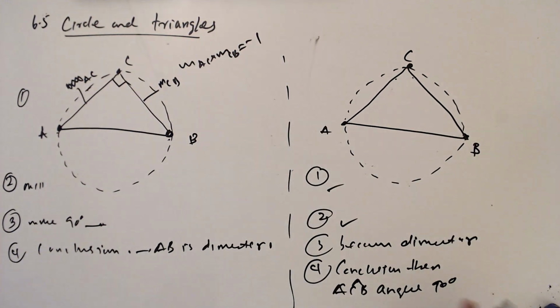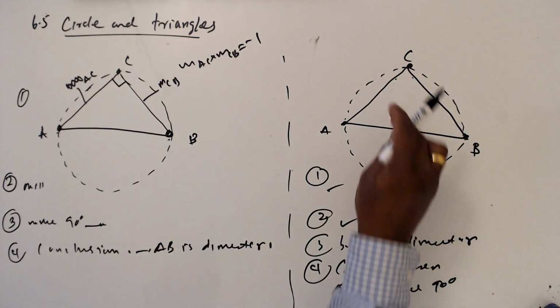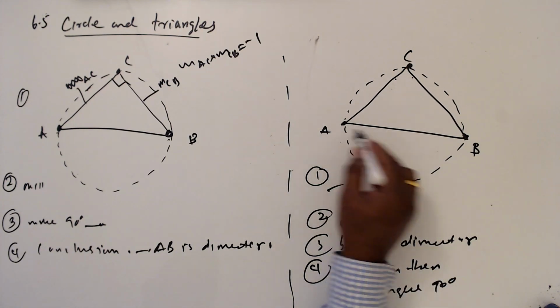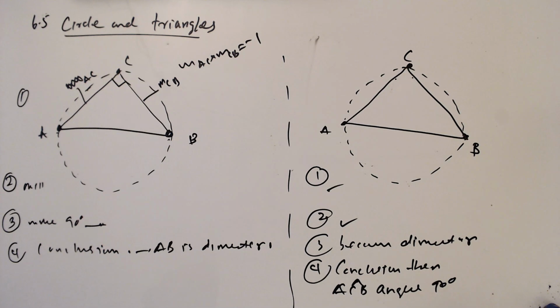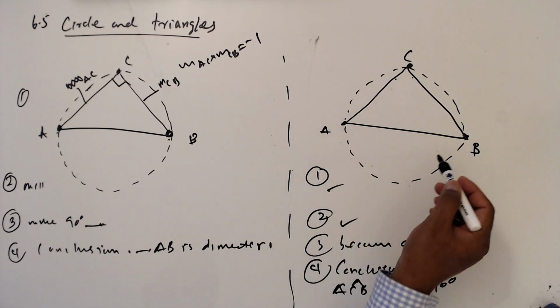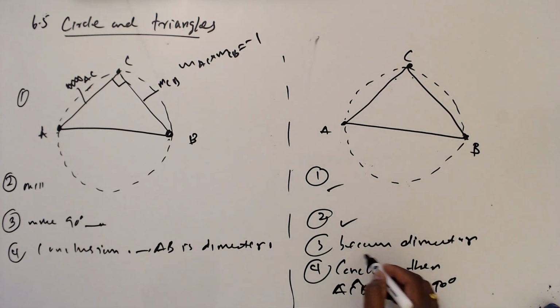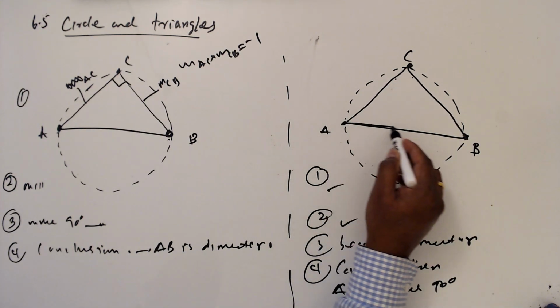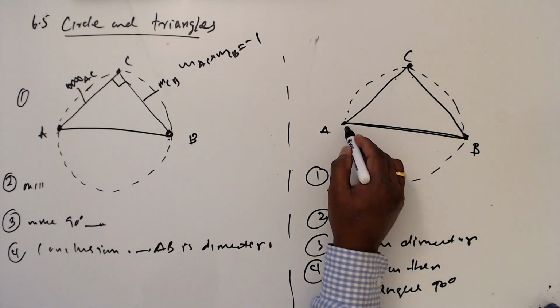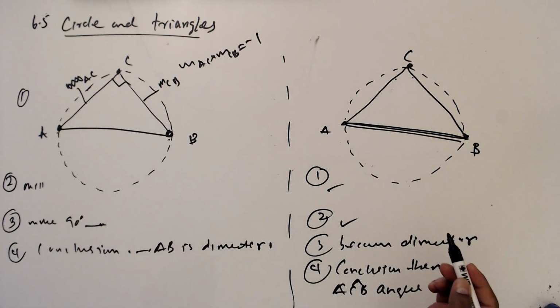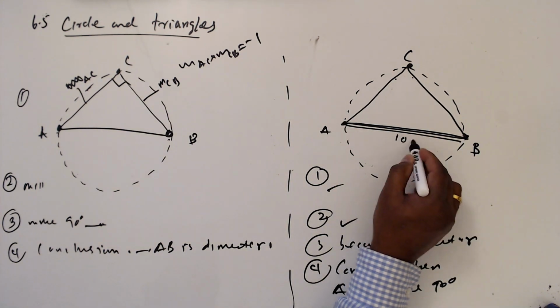Instead of that, you want to show this is 90 degrees. Then you want to tell this is a triangle and the points are on the circumference. What you need to show is that AB is a diameter. You find this distance. Distance is 10.